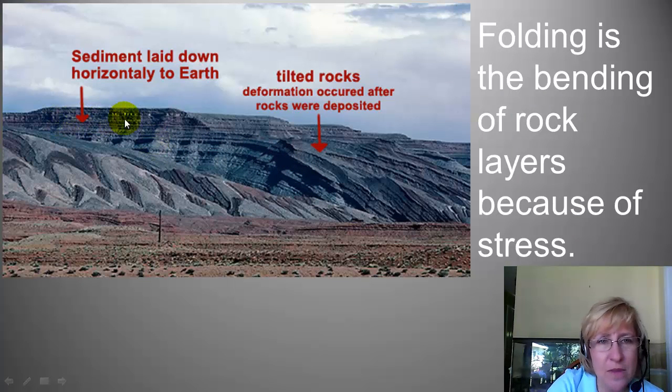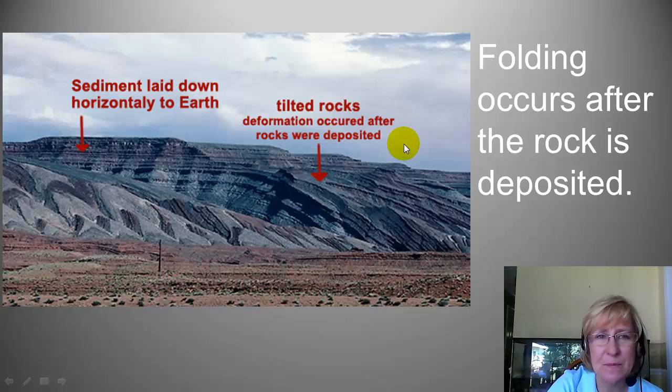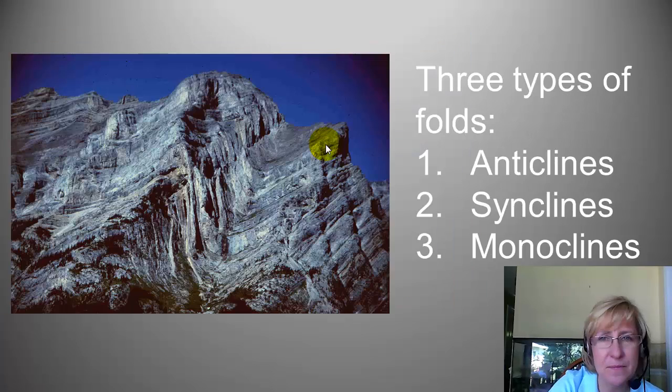And then on top of them, you can see that deposition continued after this folding, and the deposition occurred in a horizontal manner. So what this means is we could conclude that these folds occurred after the original layers were deposited, and then these deposits were laid down after the folding occurred.